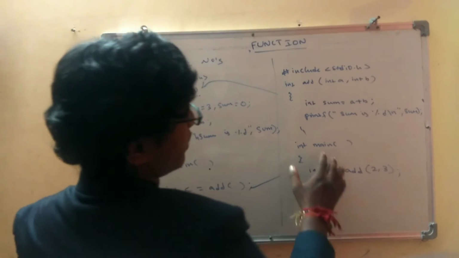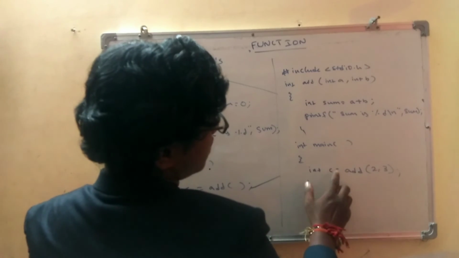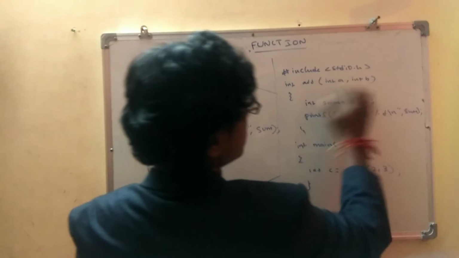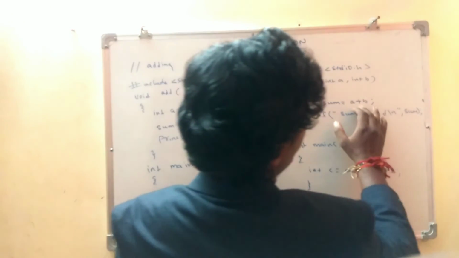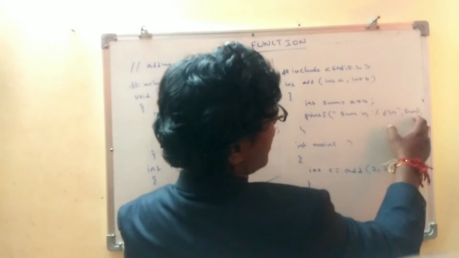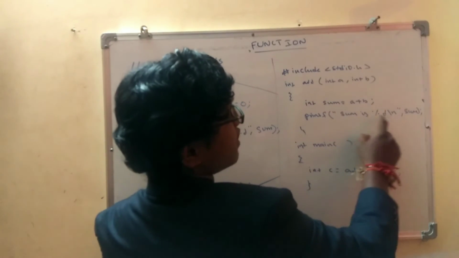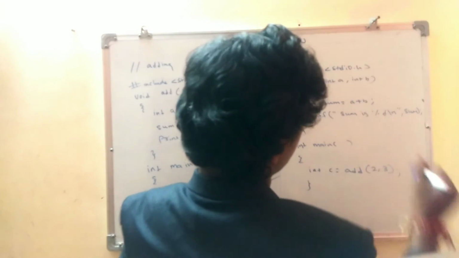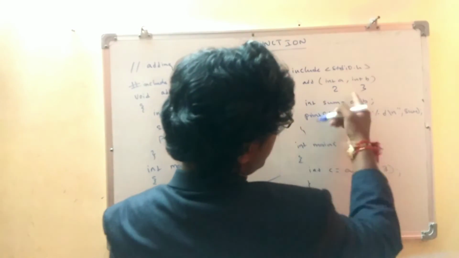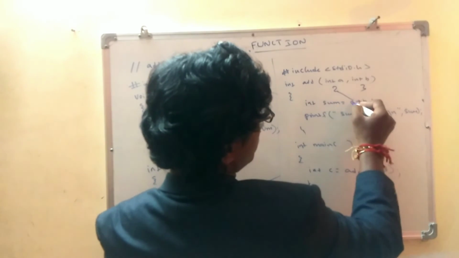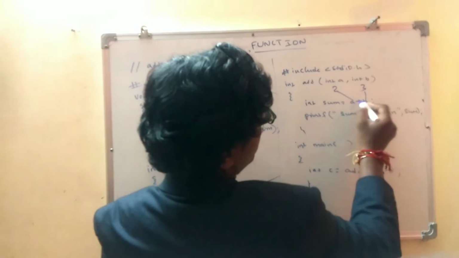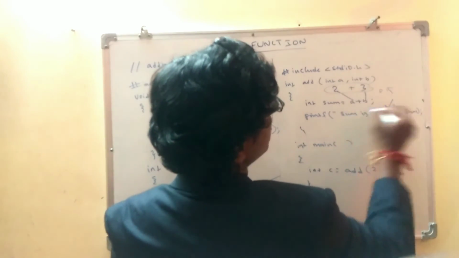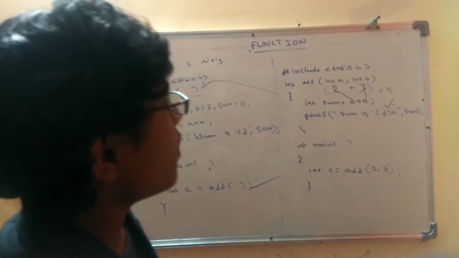Every program starts from the main only, so main has c equal to add, this is calling this, and this called by function has some data. Here sum equal to a plus b, and the 2 goes here and the 3 goes here. So a is 2, b is 3, a plus b means 2 plus 3, how much? 5. This will be printed here. Okay, this is about a function.